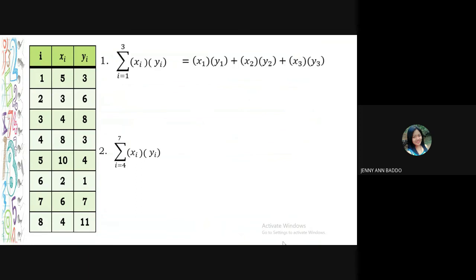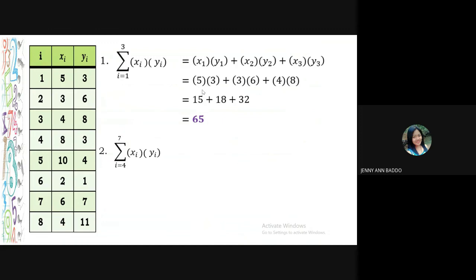Expanding the given summation notation, we have x sub 1 times y sub 1 plus x sub 2 times y sub 2 plus x sub 3 times y sub 3. By substitution, we have 5 times 3 plus 3 times 6 plus 4 times 8. That is equal to 15 plus 18 plus 32, and that is 65.